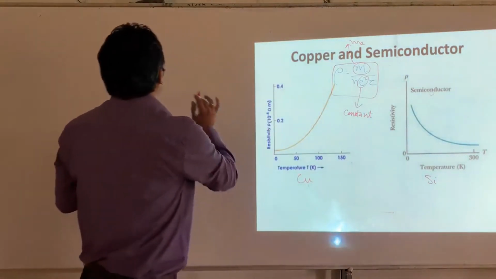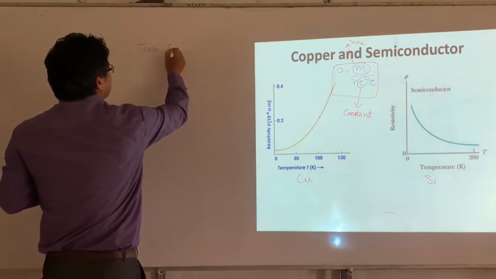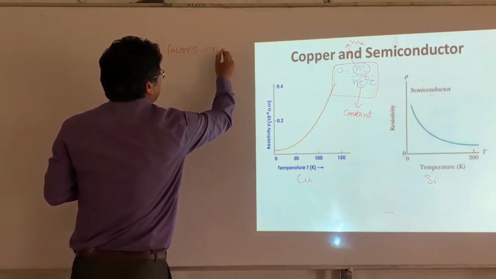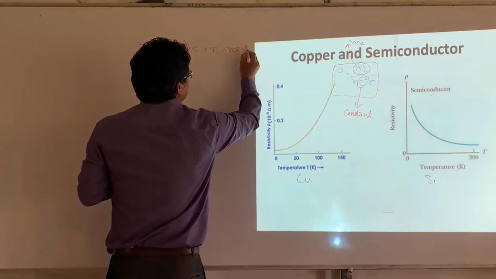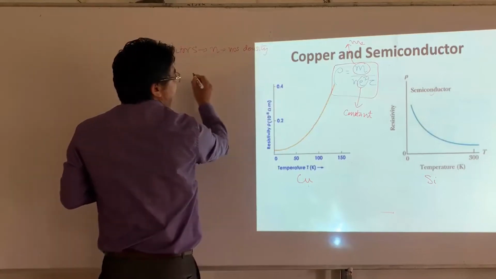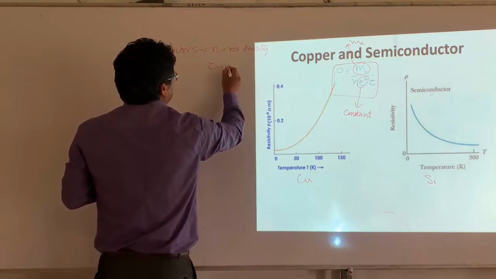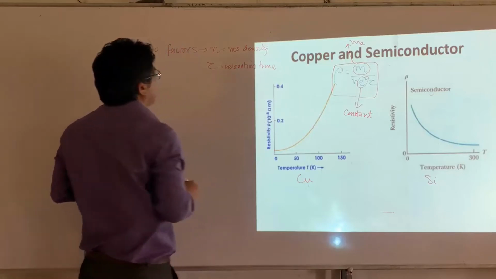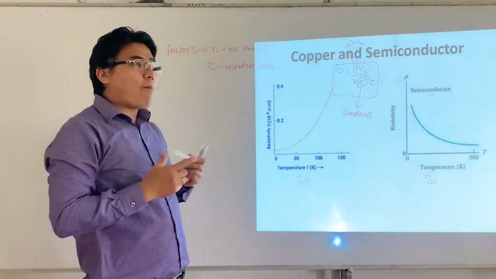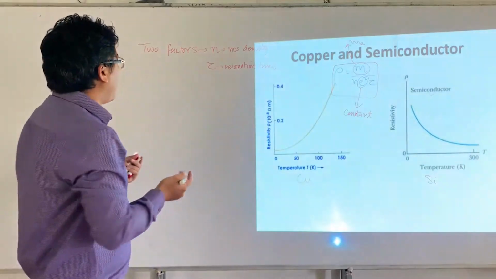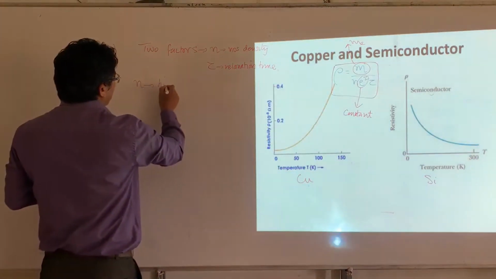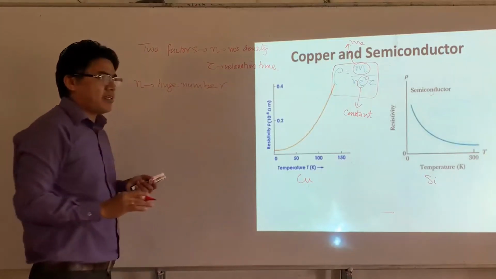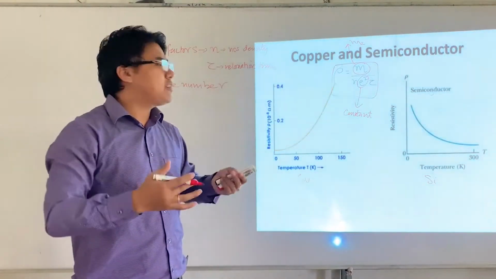Now the two important factors that determine resistivity are the number density, n, and the relaxation time, tau. Since copper is a good conductor, n is huge. The number n is going to be huge in copper.